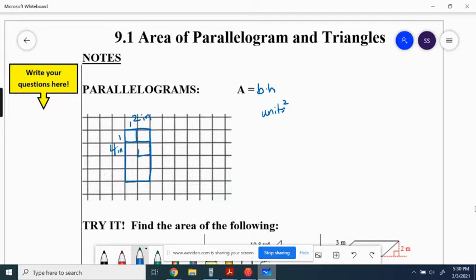If you draw that out, it seems pretty clear. You have 1, 2, 3, 4, 5, 6, 7, 8 squares. And that is why we label area as units squared. So this would be 8 inches squared.